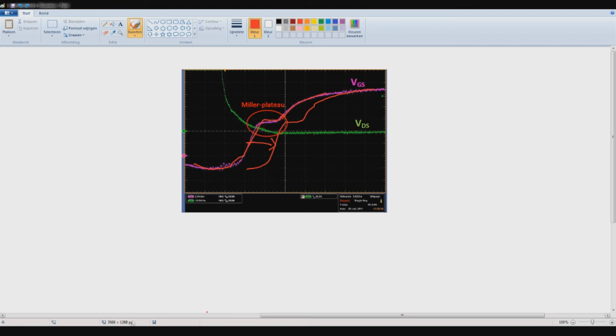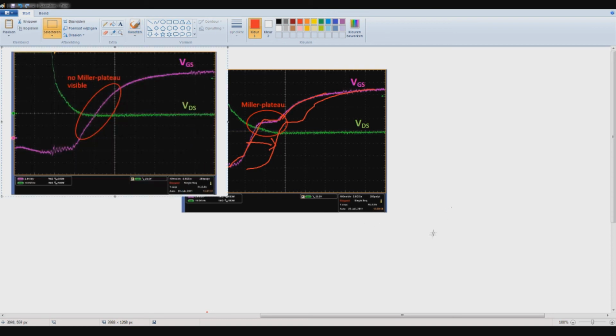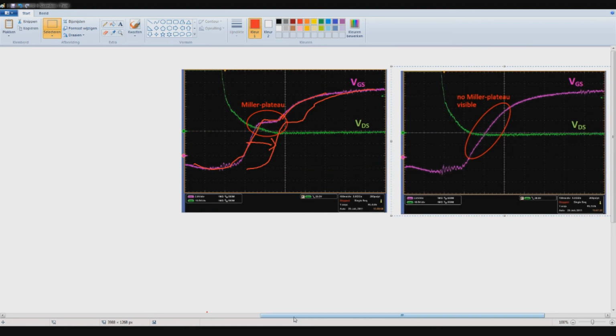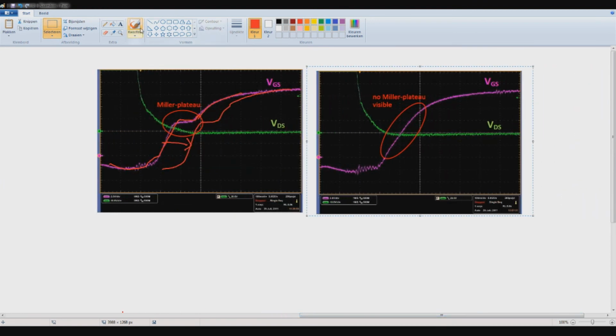And if I can find the result of that, I can. So what you then get is this, where no Miller plateau is visible, and the overlap is then removed.